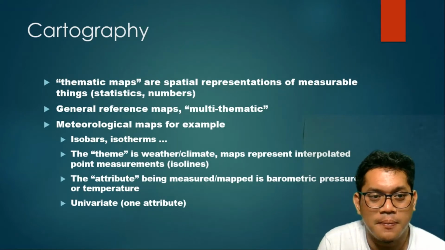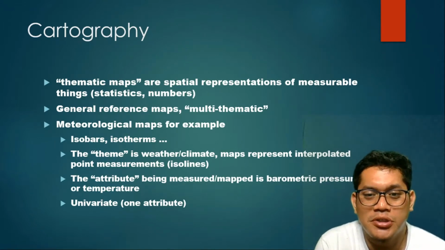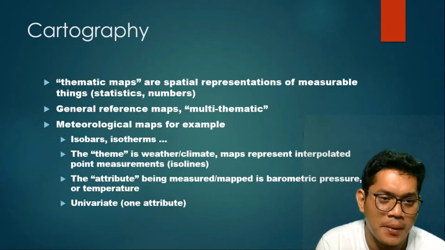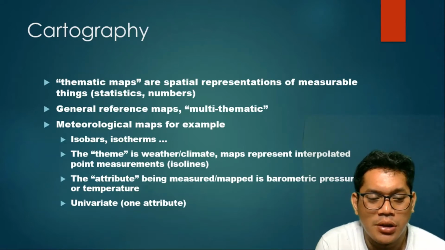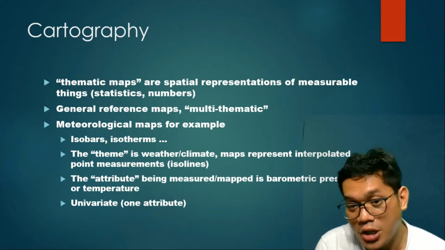So thematic maps are spatial representations of measurable things such as statistics and numbers. Okay, so for example, meteorology maps have isobars and isotherms, where the theme is the weather or climate, and the maps represent the measured points interpolated using surface interpolation.